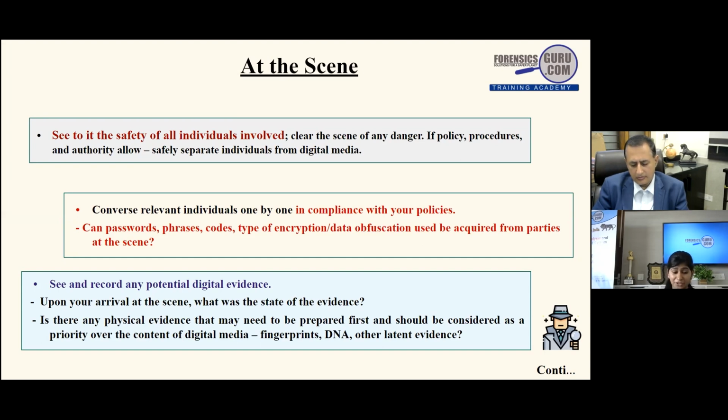All right. So the moment the first responder is ready to collect the device, suppose the first responder is ready to seize the laptop from a crime scene.